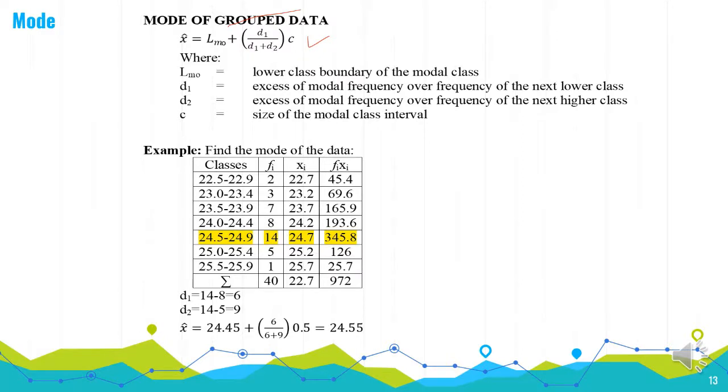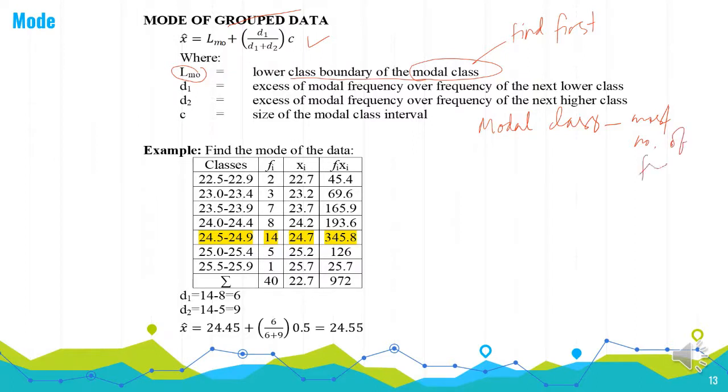Here again is L sub MO, the lower class boundary of the modal class. That means we first need to find the modal class. How do you find the modal class? Find the class with the highest frequency.